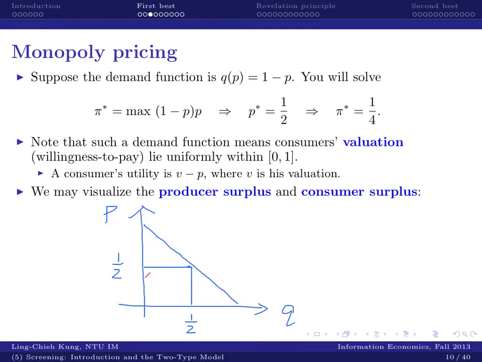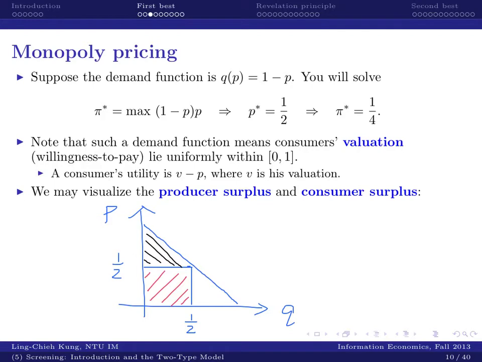Okay, so this part is your producer surplus. For each consumer here, you earn 1/2. So the area here is your total profit, 1/4. And for consumers, their surplus is here.